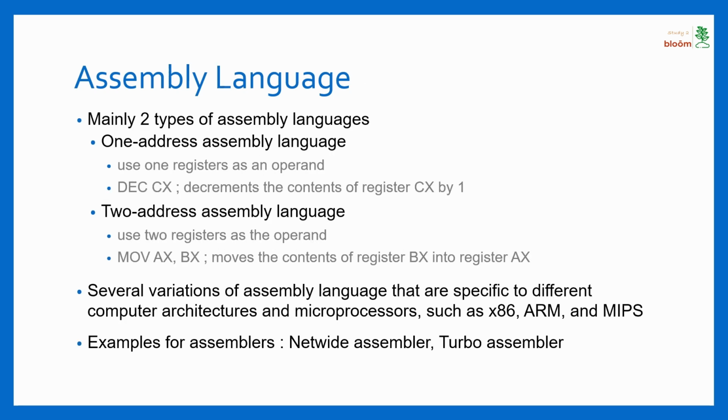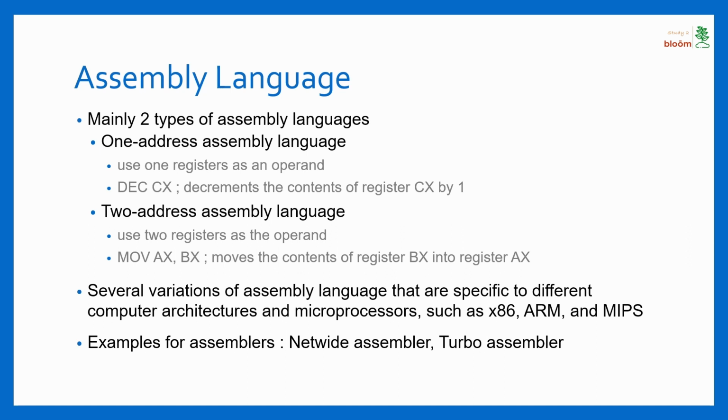When we categorize assembly languages, there are two main types: one address assembly language and two address assembly language. We use one address or two address according to the number of registers it supports as an operand. For example, in one address assembly language, only one register can be used as an operand.